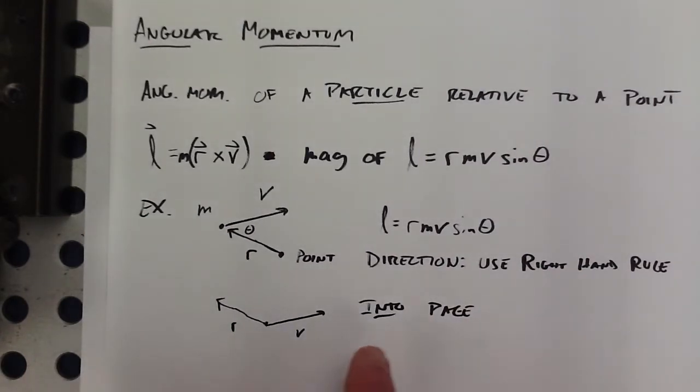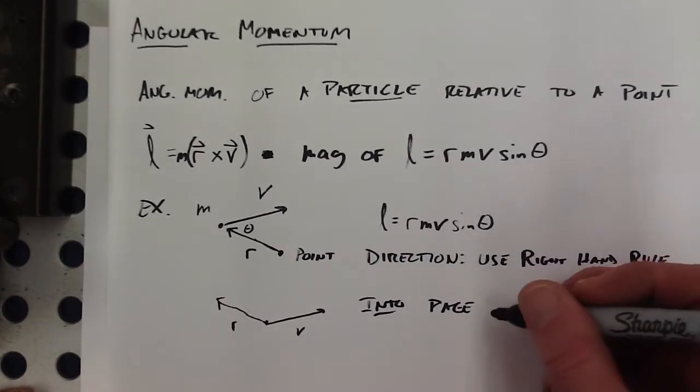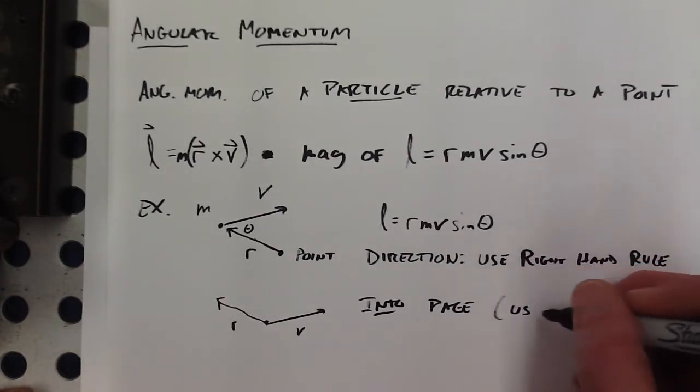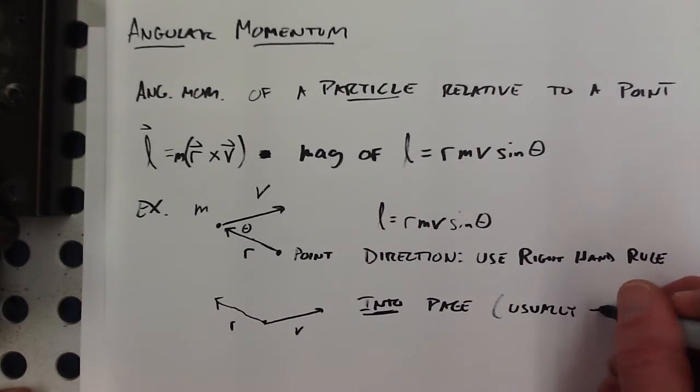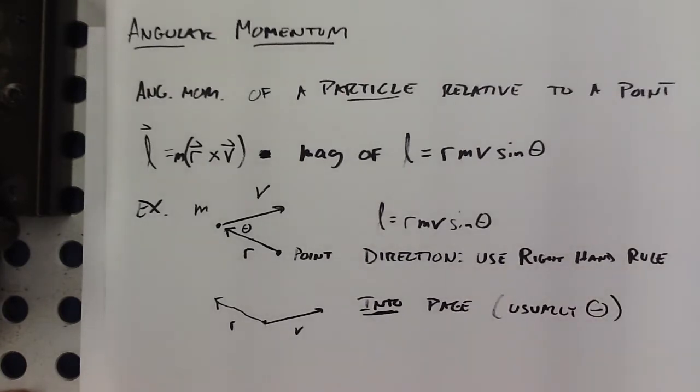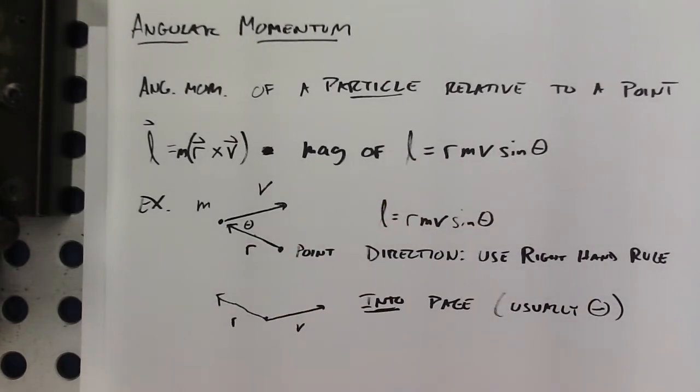Now, you notice that there's only two possibilities for what could happen here. So we can use the convention that into the page is usually what we consider to be the negative direction, and out of the page is the positive direction.